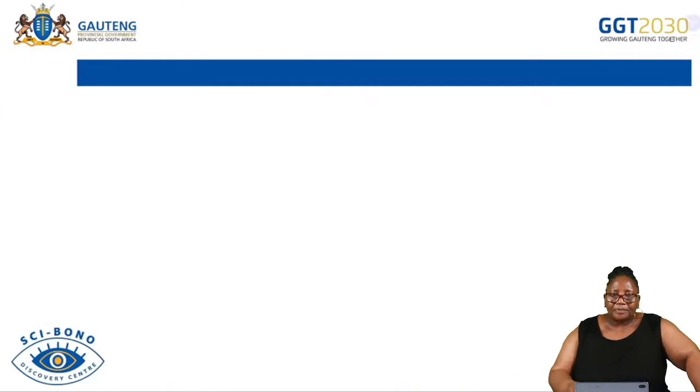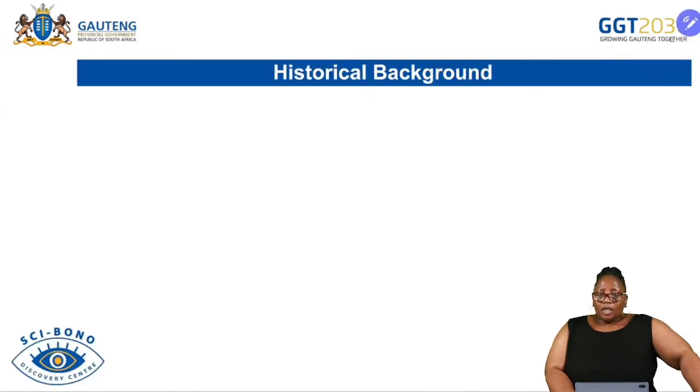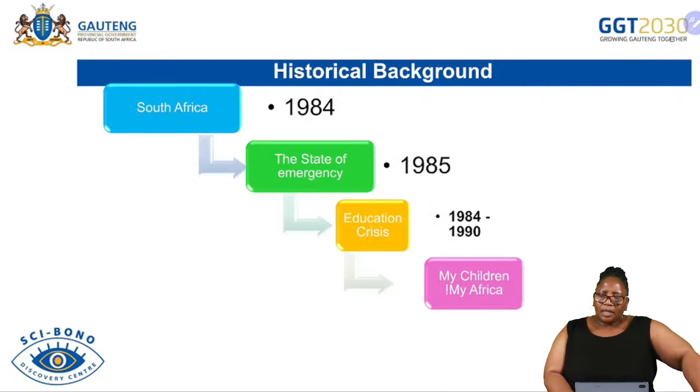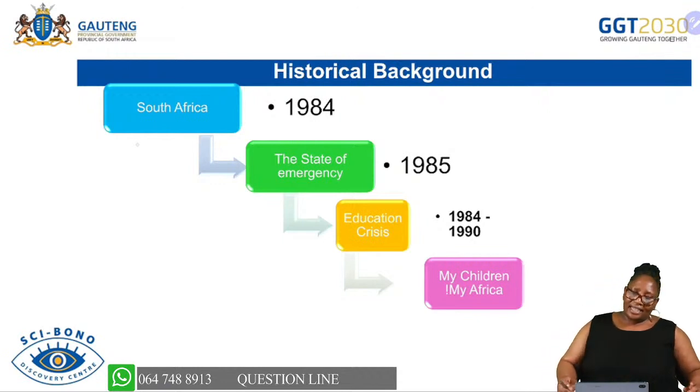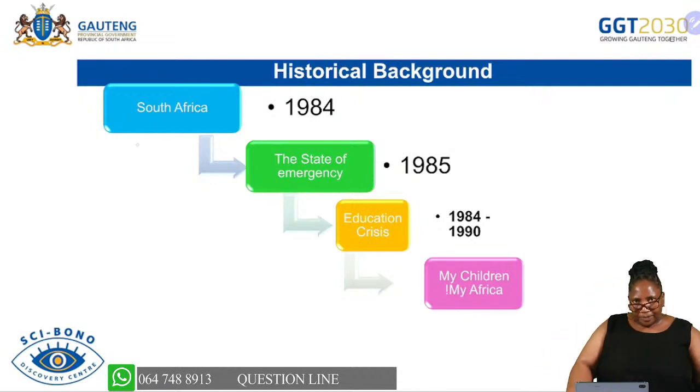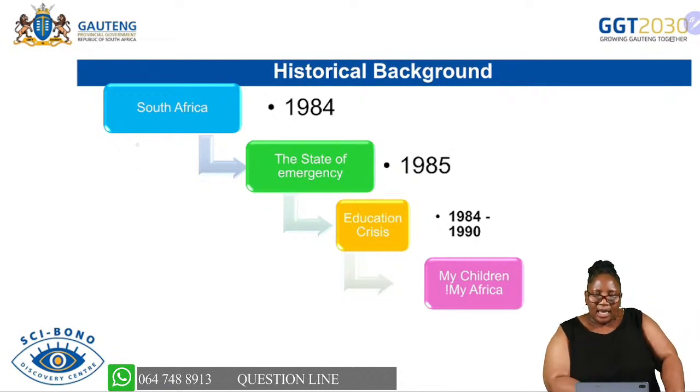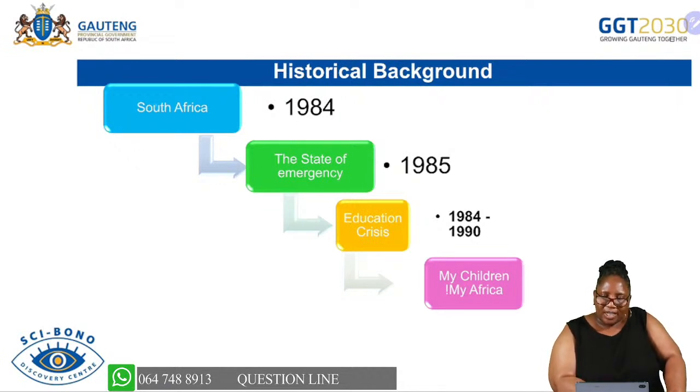Okay. The historical background of My Children, My Africa. When was it written? It was written way back in 1984. It touched on these important areas of South African life.